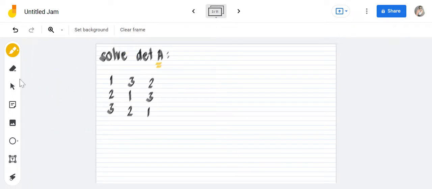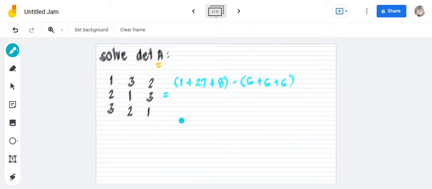So, we have here your coefficients. Going downward, that will be 1 plus 3 times 3 times 3, that is 27, plus 2 times 2 times 2 is 8. Minus, going upwards, that's 6 plus 6 plus 6.